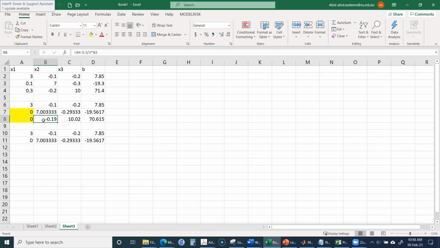For the elimination of this, I have to take this value and subtract from this value minus 0.19 divided by this value, that is 7.003, and then times this value.